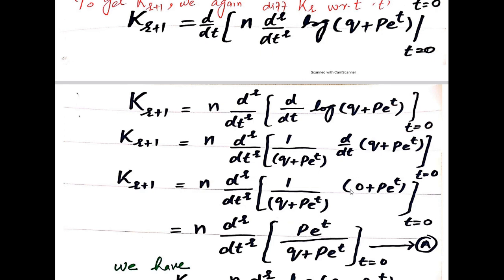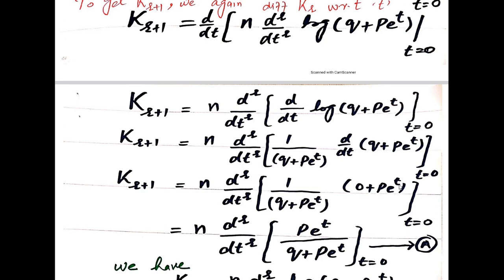Any number without t is considered a constant. So q gives 0, and p is the constant multiplier; take the derivative d/dt of e^t. As you know, d/dx of e^x is equal to e^x.